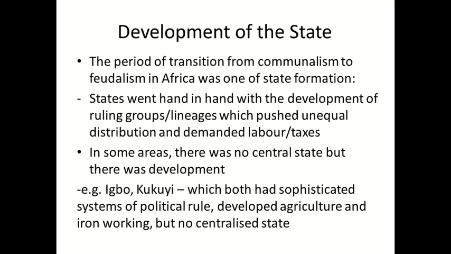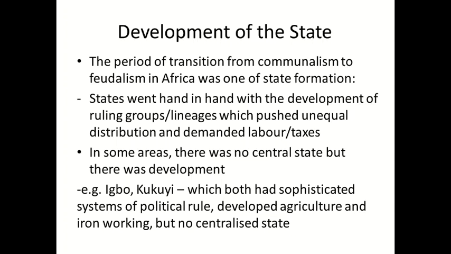So the period of transition from communalism to feudalism in Africa was one of state formation. So it was through states that we began to see the coming to be of feudalism. States went hand in hand with the development of ruling groups and lineages, which pushed unequal distribution and demanded labor or taxes.